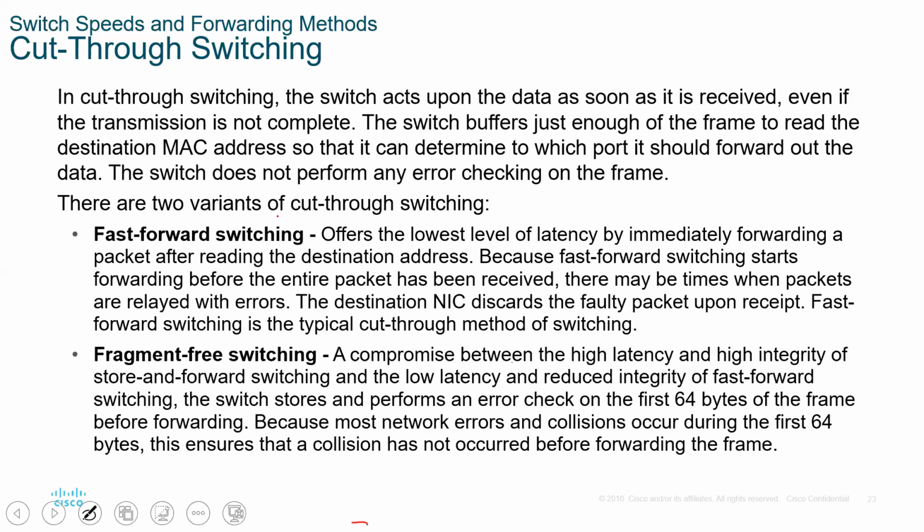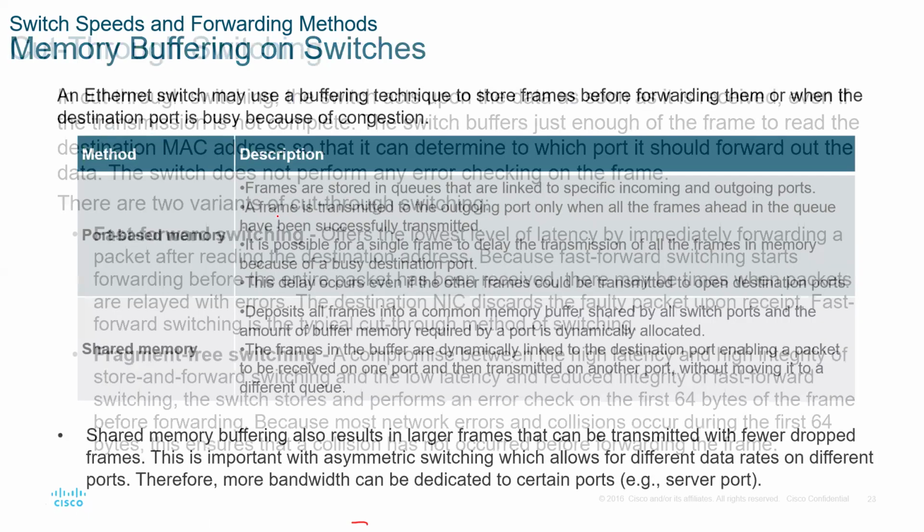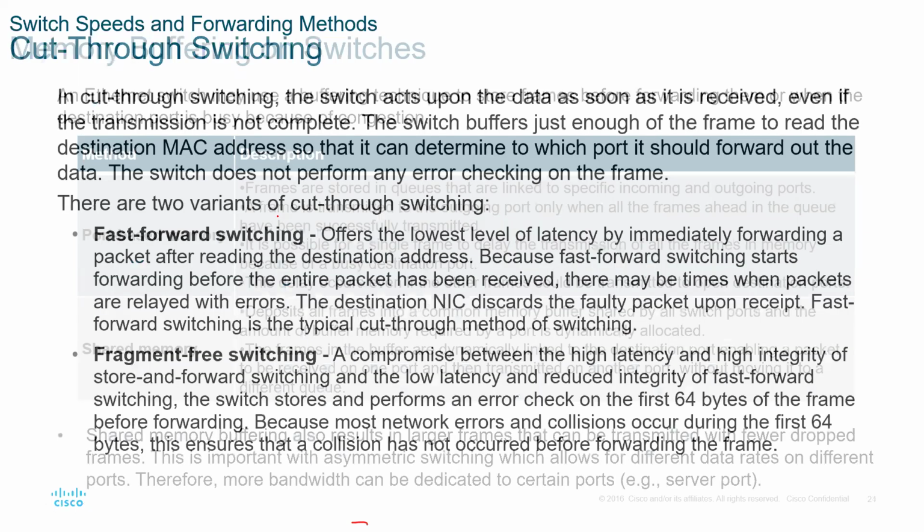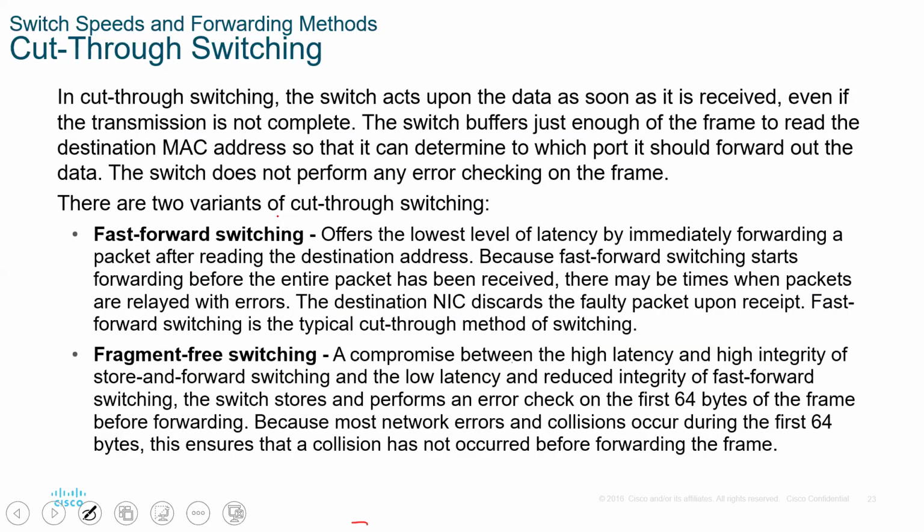The switch stores and performs an error check on the first 64 bytes of the frame before it begins forwarding, because most network errors and collisions occur during the first 64 bytes, and this ensures that a collision has not occurred before it begins to send the frame. Okay, so those are the variants of cut-through: fast-forward switching and fragment-free.